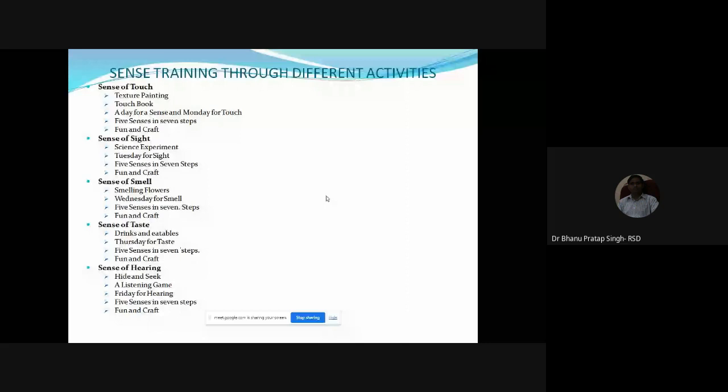Teach the child about the sense of touch. Today, the demonstration, like sight. The most important thing is that as a teacher, we should develop an environment wherein all these senses may develop among all the children of the classroom.